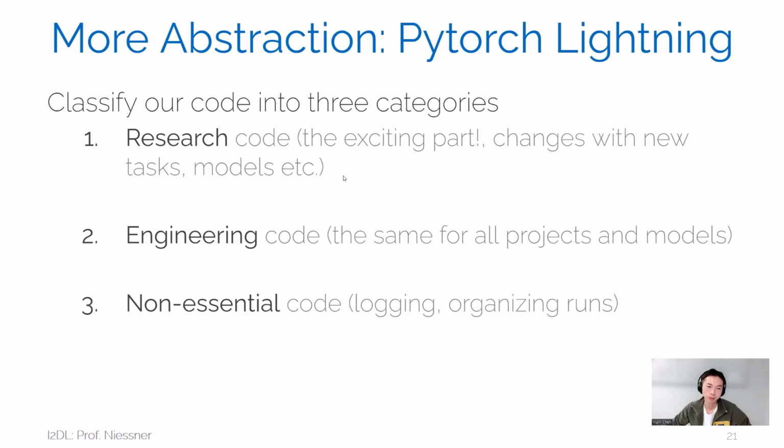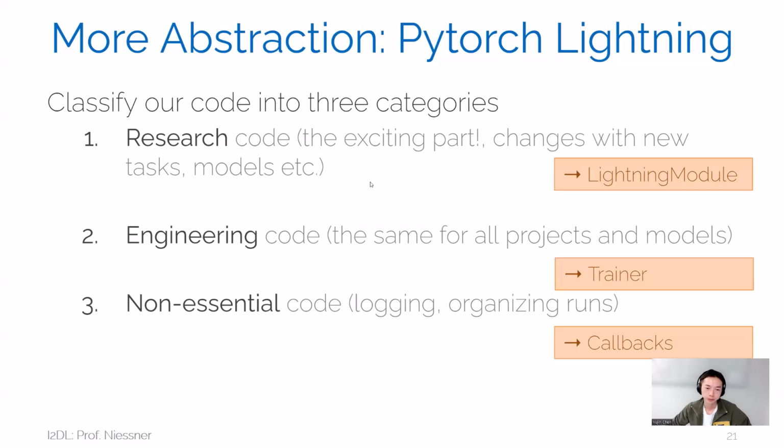And then there is more stuff in the engineering code. For all projects or models, you need to do something fixed, right? Like you define the training loop for iteration, and then how to backward the loss function after you compute it, and this is actually the training part.